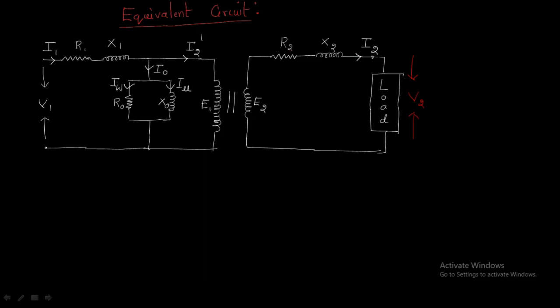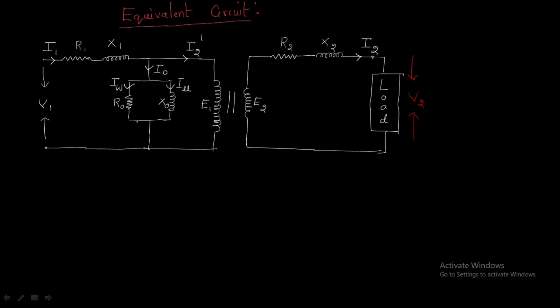The same amount of load current will be absorbed by I1 also, that's why it is represented as I2 dash.